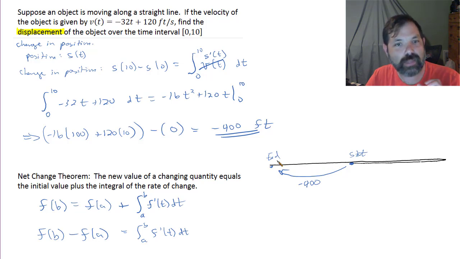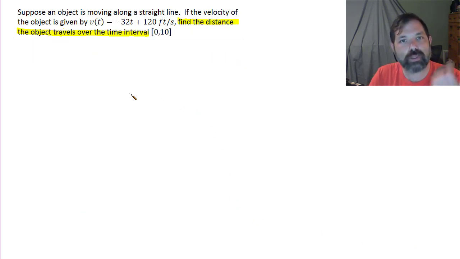And so that 400 is not the actual distance the object traveled, just its displacement, just the change in position. And that's different from the total distance traveled.